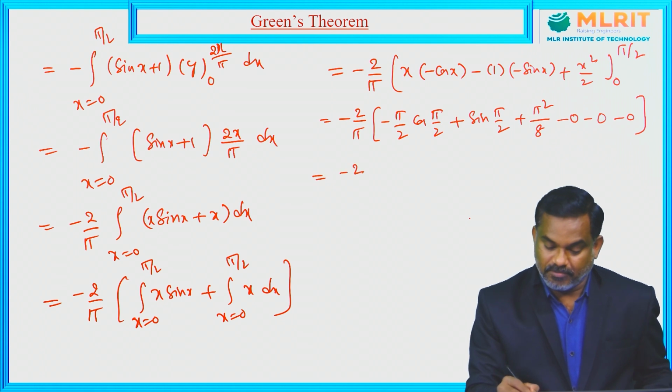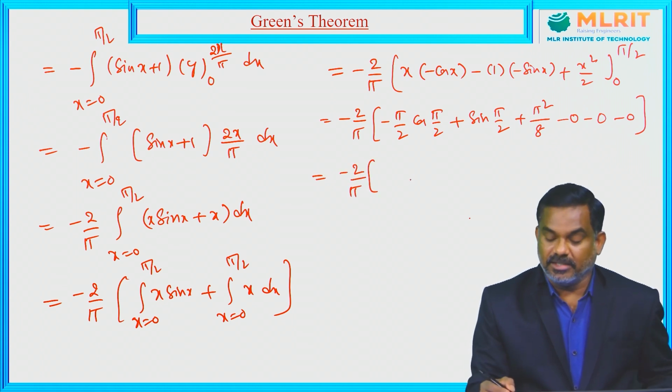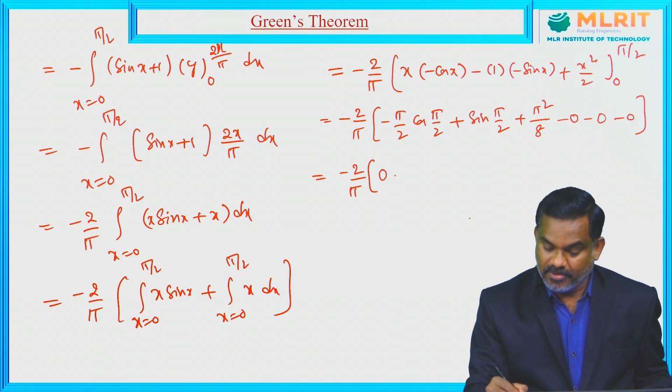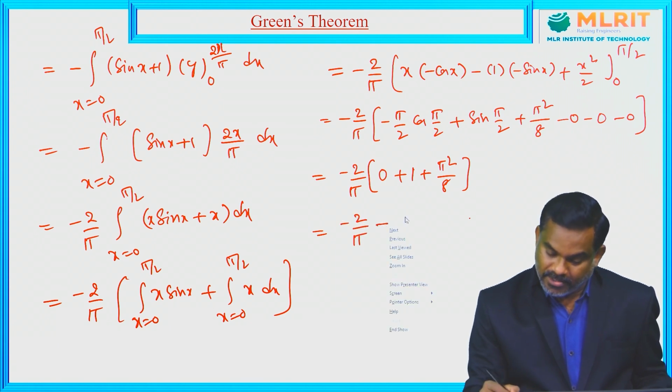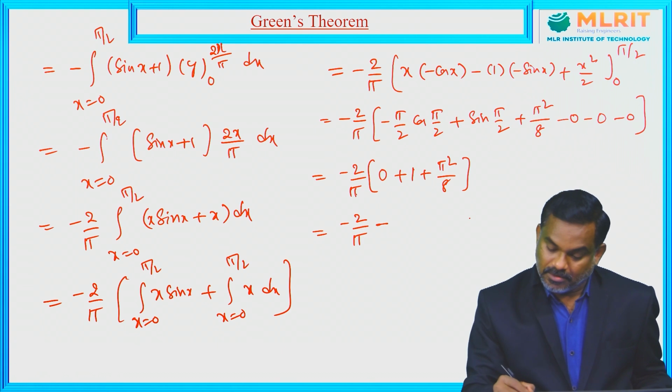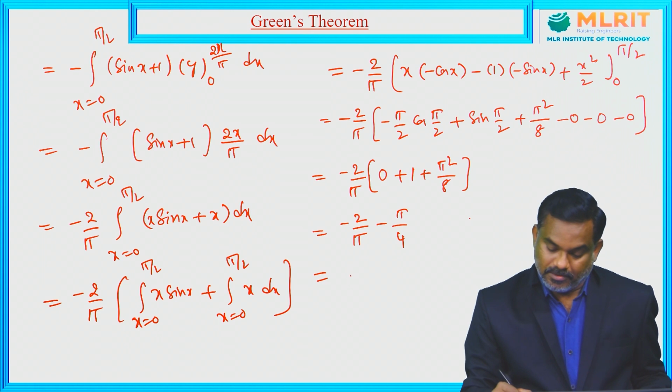So this is minus 2 by pi into, so we know that cos 90 is 0, so this becomes 0, sin 90 is 1, plus pi square by 8. So this is equal to minus 2 by pi minus pi by 4. So minus 2 by pi plus pi by 4.